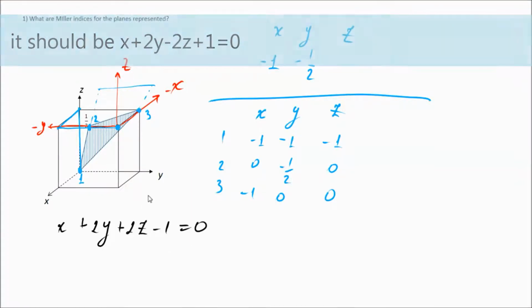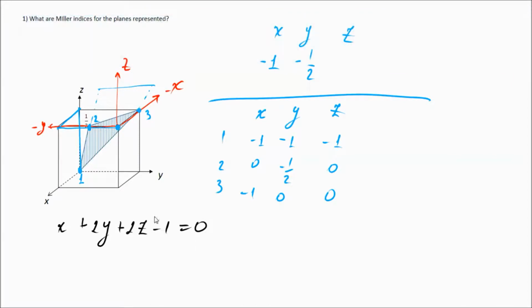When this plane intersects z-axis, at that point x and y coordinates will be 0. So I will plug in 0 for both of them and solve the equation.